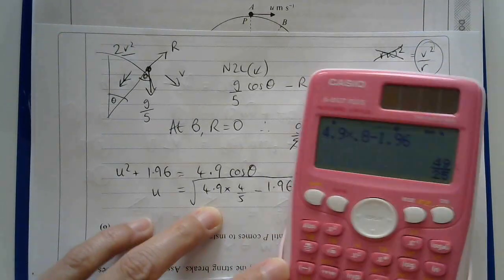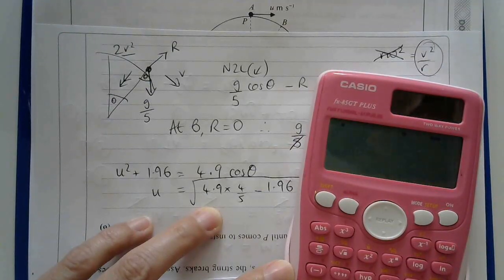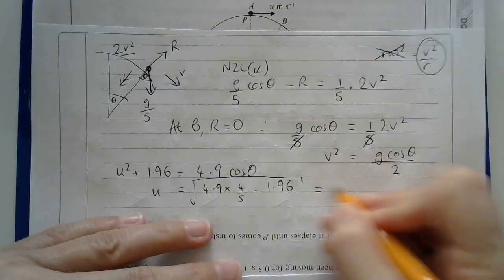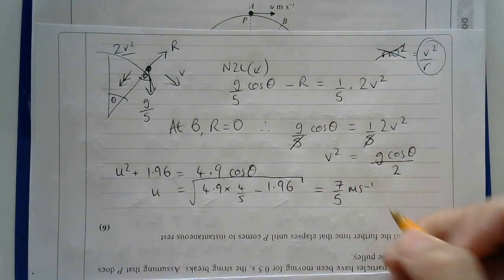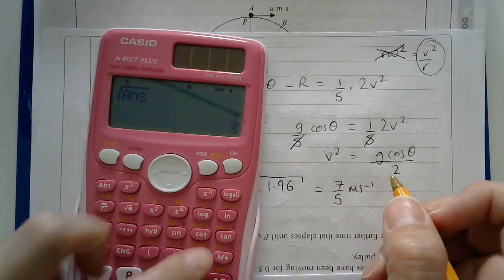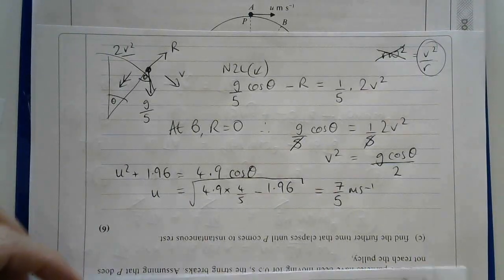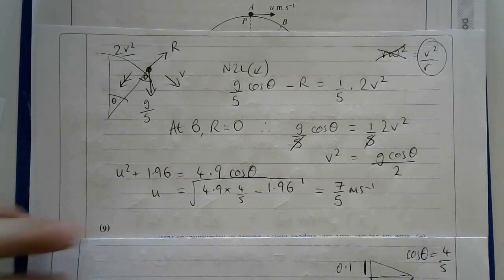That makes 49 over 25, which will square root to something quite nice, like 7/5. So you can leave it as 7/5 or change it into a decimal if you prefer. That would be 1.4. Okay, and so for that part of the question you get another 4 marks.